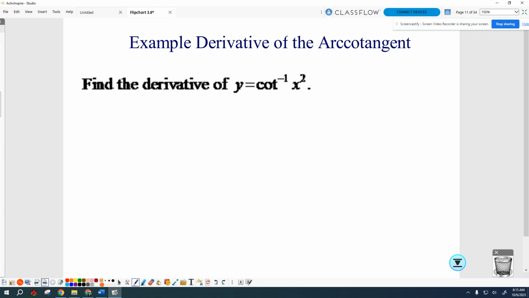So practice the pattern. What's this guy? And Alex, I didn't even write down what the pattern for cotangent was, because Kelia told us.